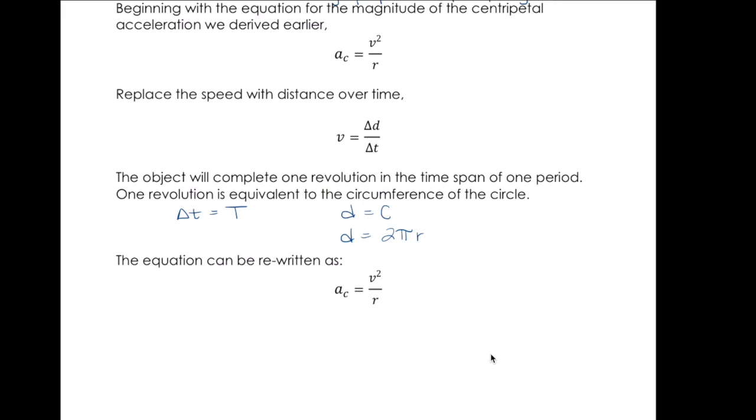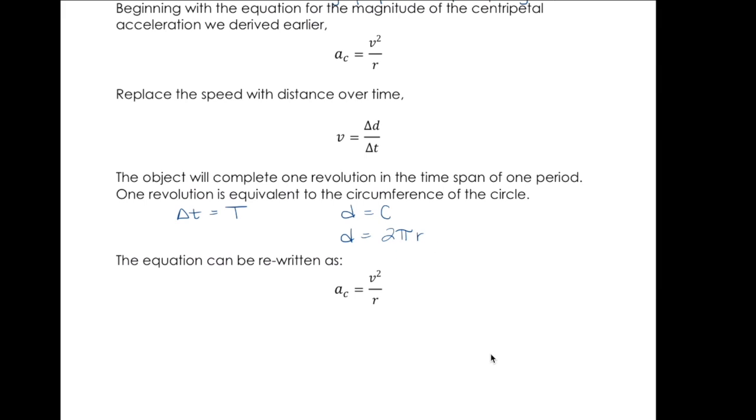The object will complete one revolution in the time span of one period. One revolution is equivalent to the circumference of the circle, so we can change our delta t and delta d in terms of a circle. For delta d, it's going to be equal to the circumference, which is 2 pi r.